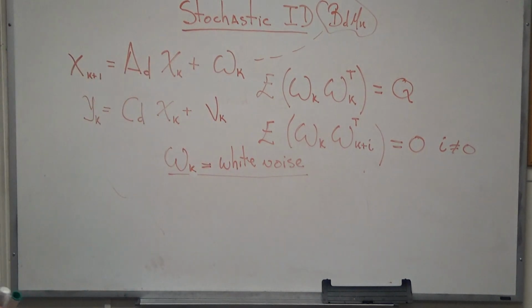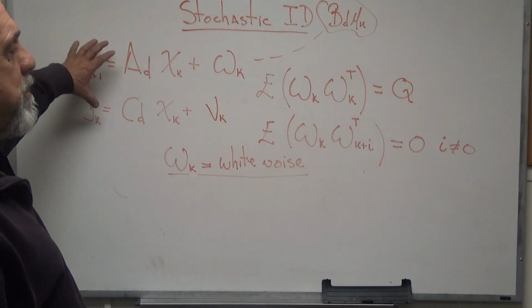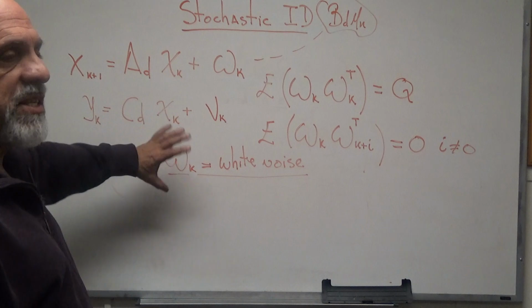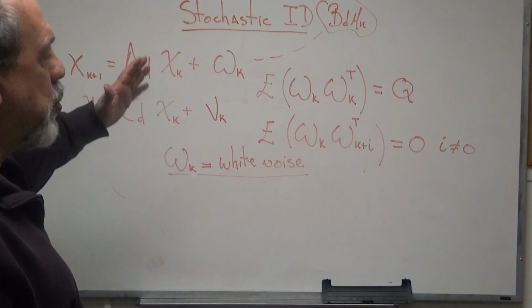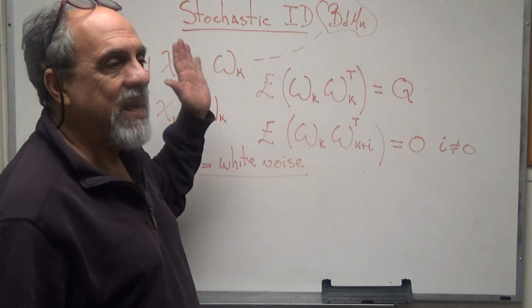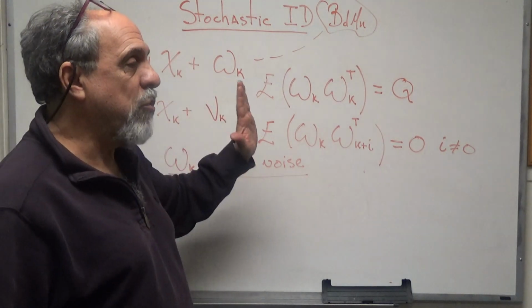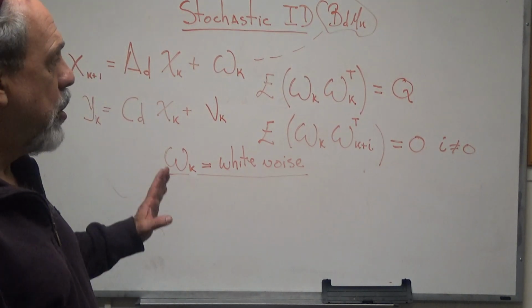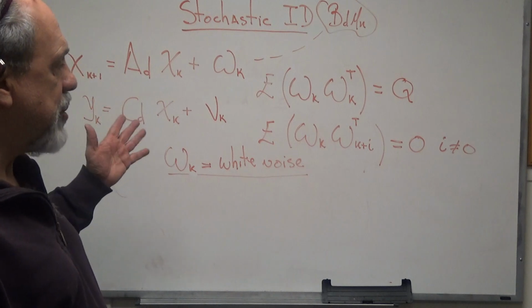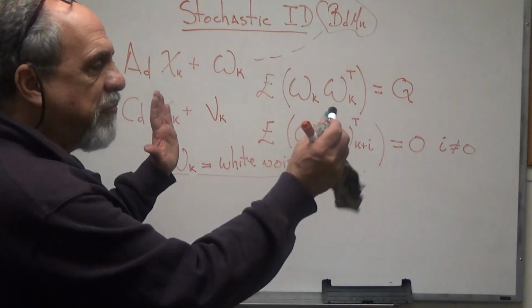Now here there is a second to ponder. When we write these equations, this is for any time step. Perfect white noise doesn't exist in reality. It can be shown that in order to have perfect white noise, you need infinite energy, because something that is completely uncorrelated from one instant to the next is essentially impossible without infinite energy. So when we say white noise, we really mean white noise within a certain frequency band.